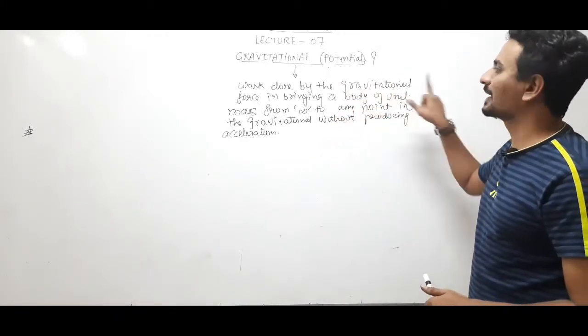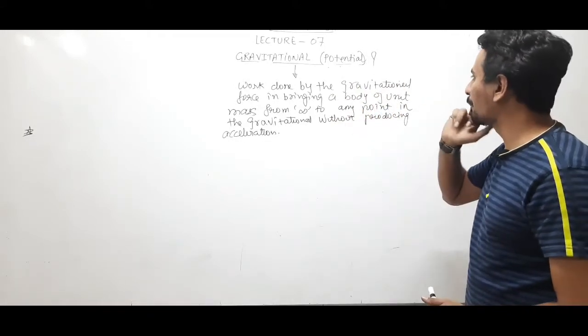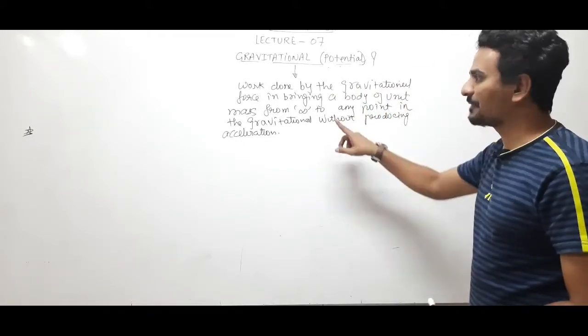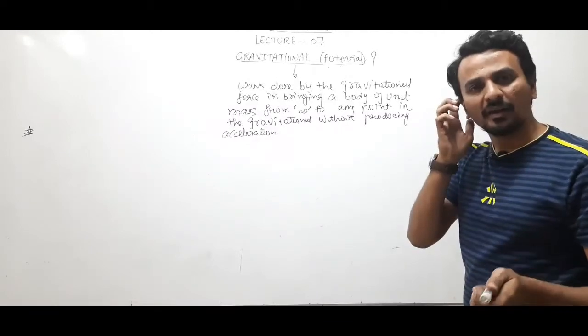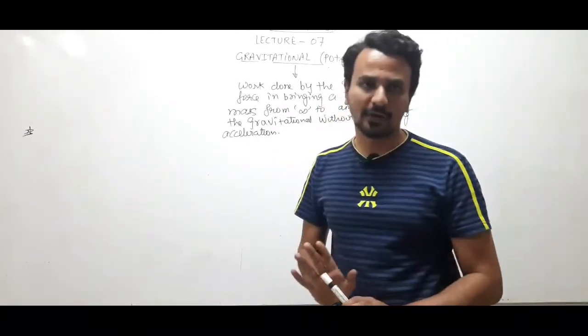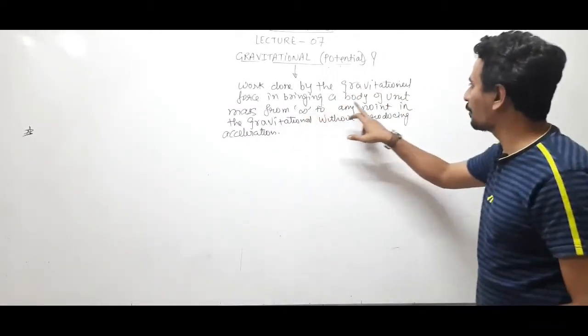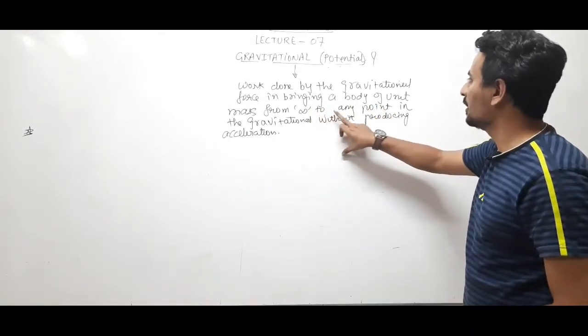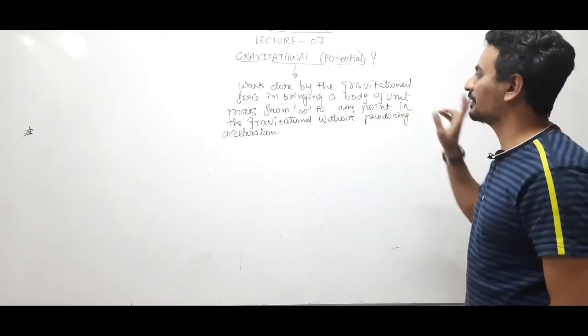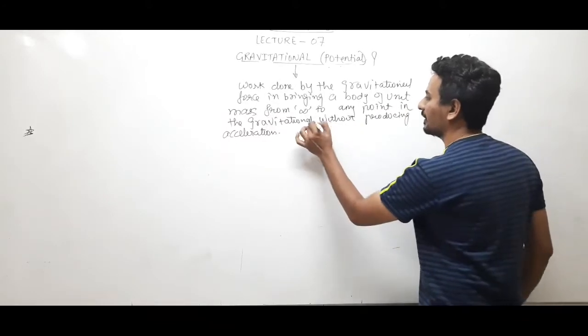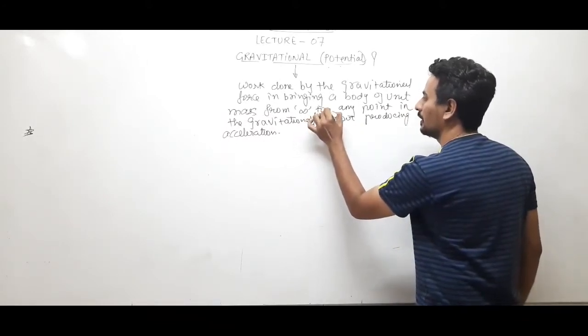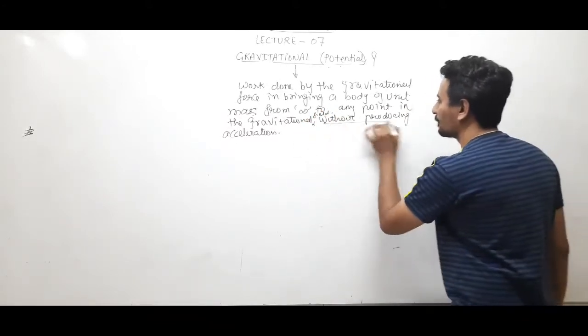So it is the work done by the gravitational force in bringing a body of unit mass from infinity, because we are taking infinity as a reference point, to any point in the gravitational field, without producing acceleration. This is important.